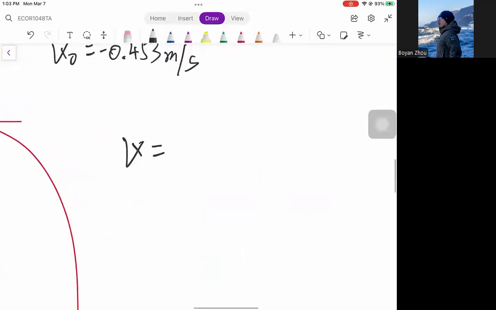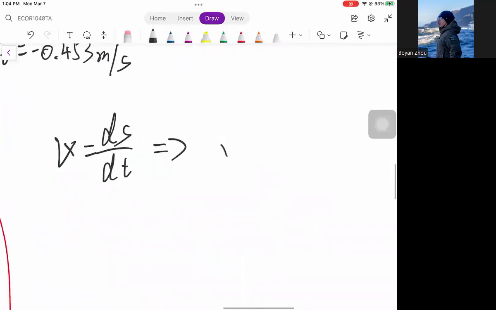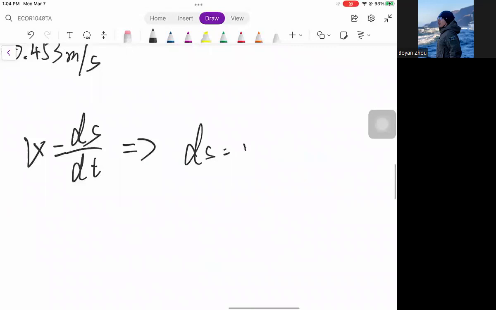The main equation we're going to use is the velocity is equal to ds over dt, and we arrange the equation to ds equals v dt.